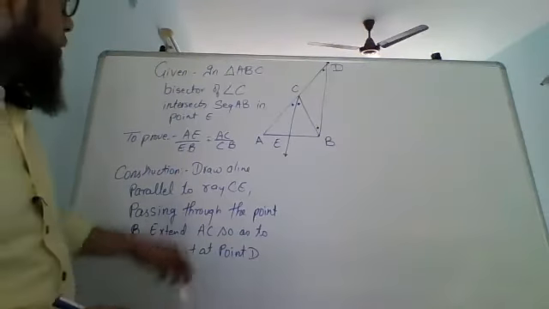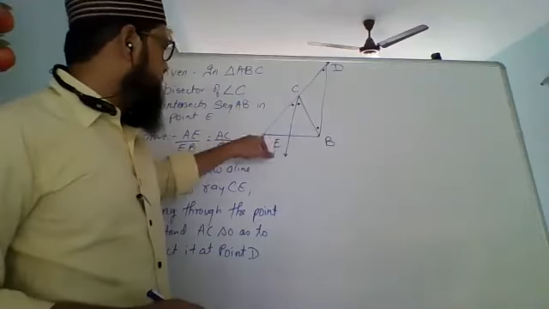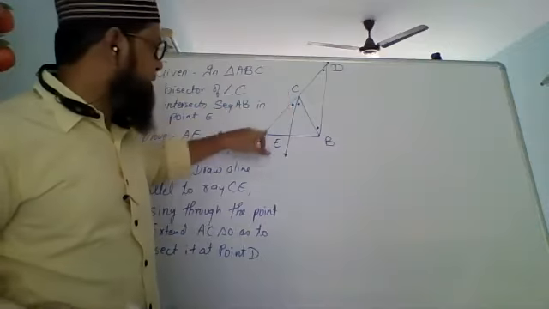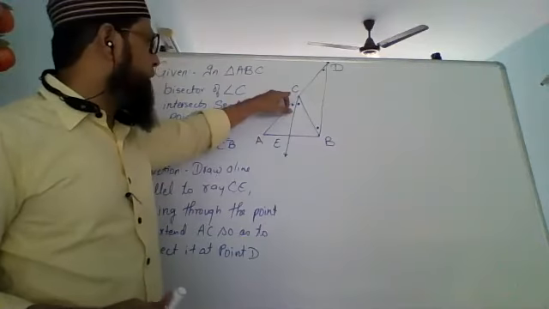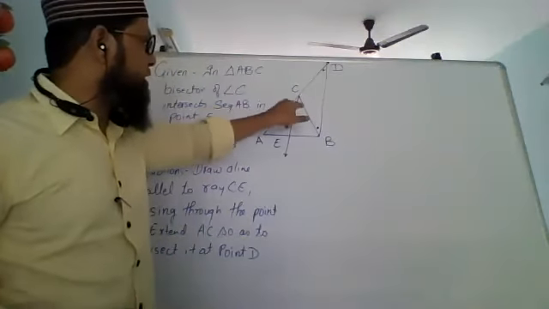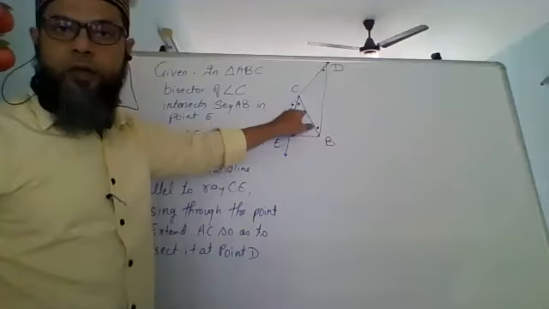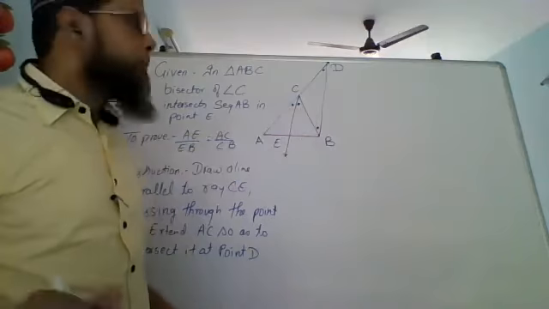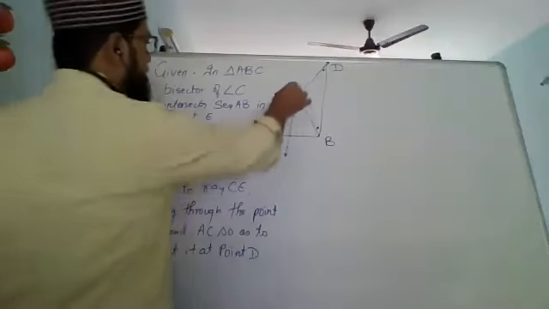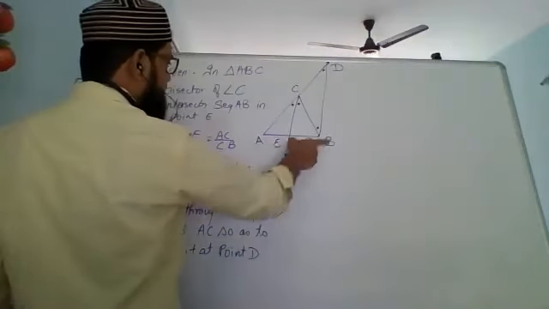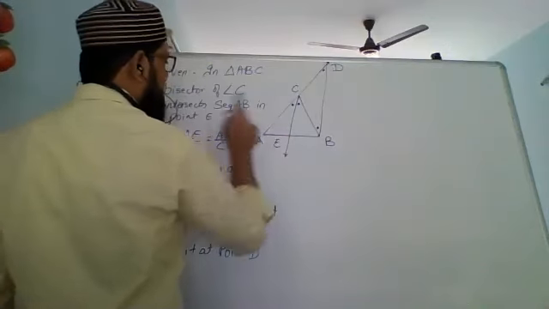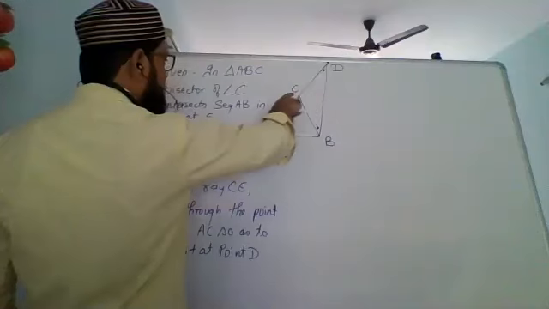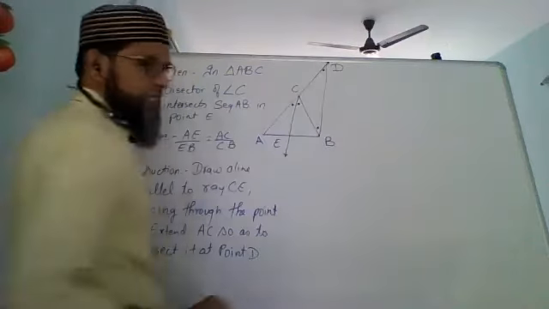Okay. So the original triangle is A, B, and C. In this, bisector of angle C, that means these two angles are equal, which are represented by these two dots. So bisector of this intersects the opposite side at point E. So we are saying AE upon EB equals to AC upon BC.